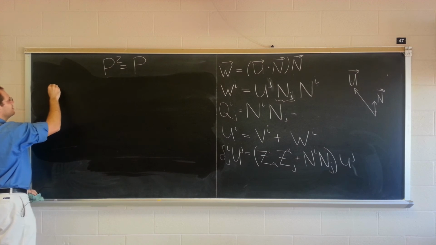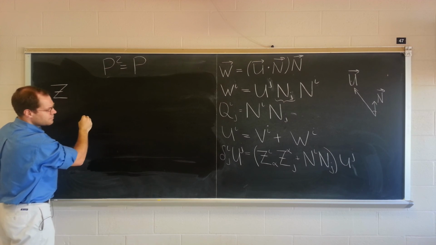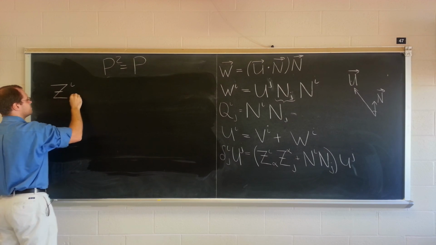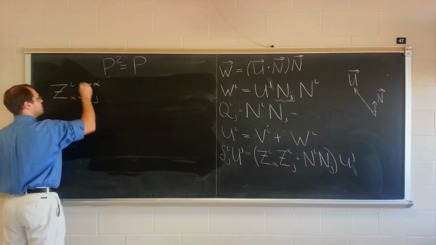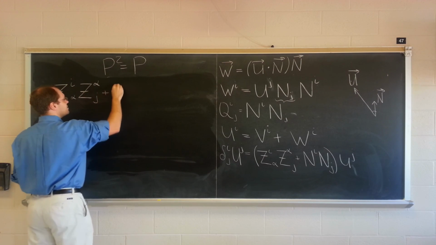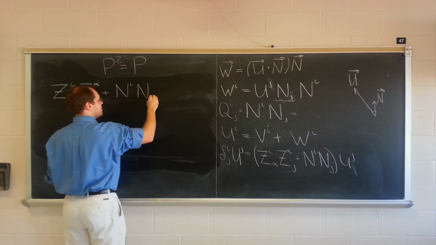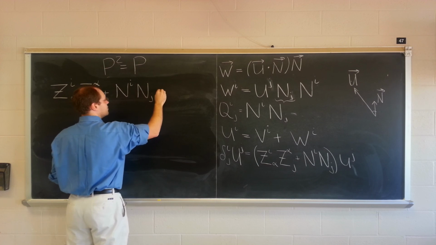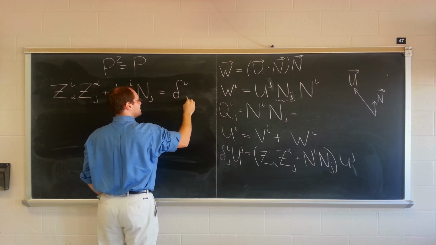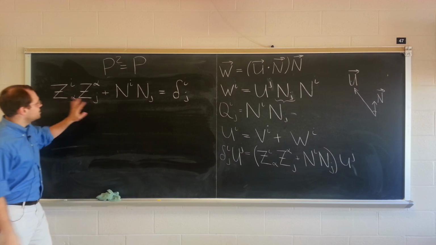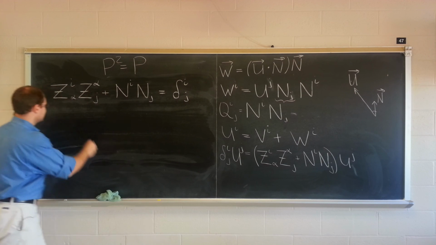I'll write it in two different ways. That's Z_i^α Z^α_j plus N_i N_j equals essentially the identity matrix. These two singular matrices combine to give the identity. It can be written the following way, of course.